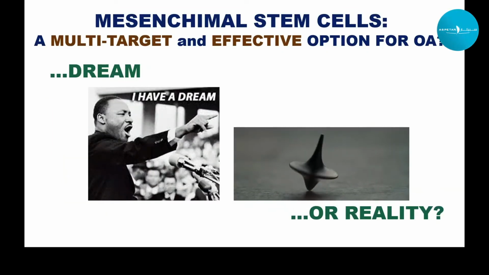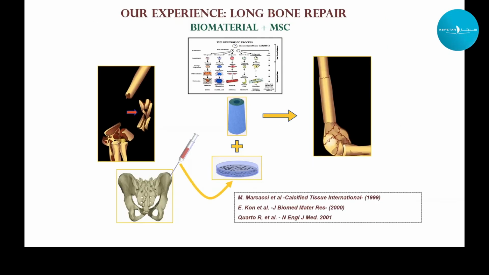Let's come to mesenchymal stem cells. Mesenchymal stem cells for sure are a target and a big hope for the treatment of osteoarthritis. But is it really a dream, or is it becoming reality, because we have been talking about mesenchymal stem cells for a lot of years. For example, our group was an early user of mesenchymal stem cells.